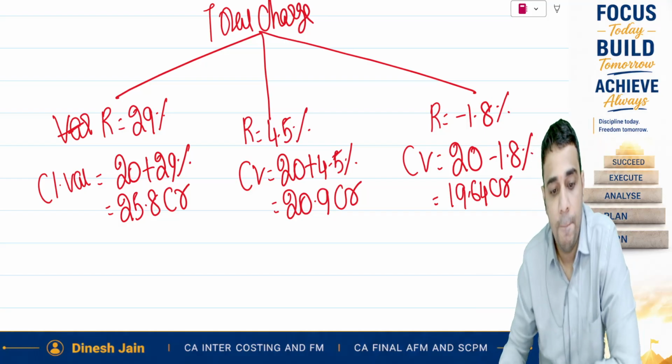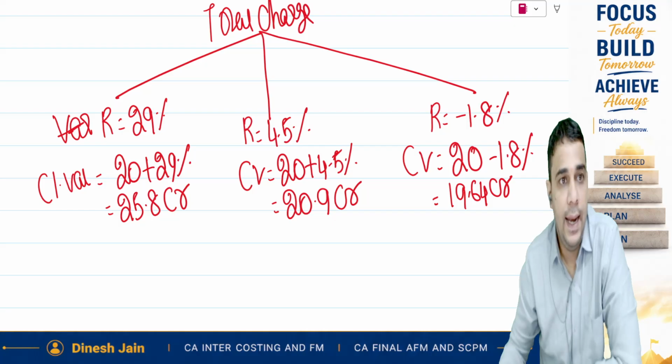Then 19.64, plus 29, plus 4.5, and negative 1.8.